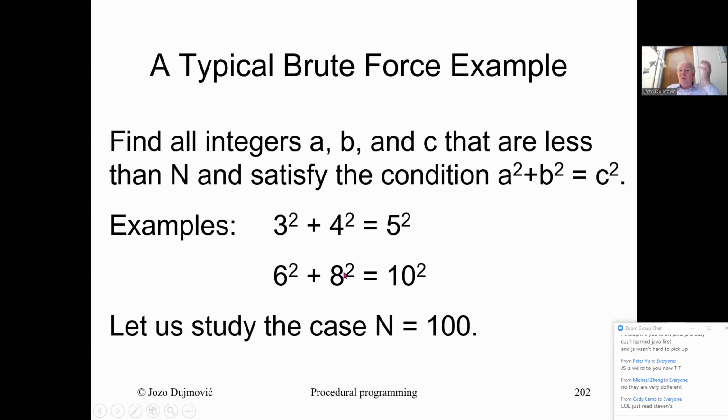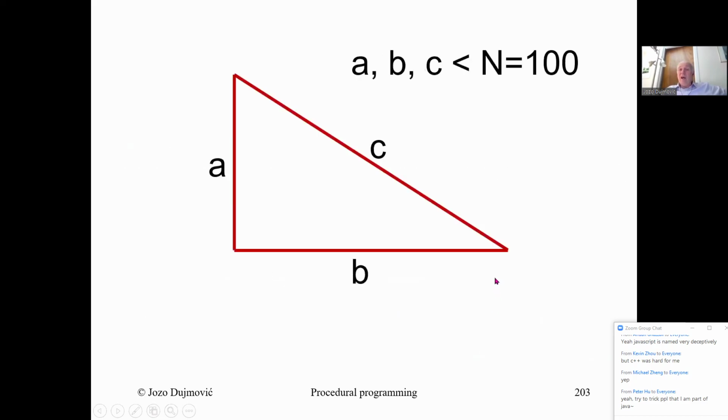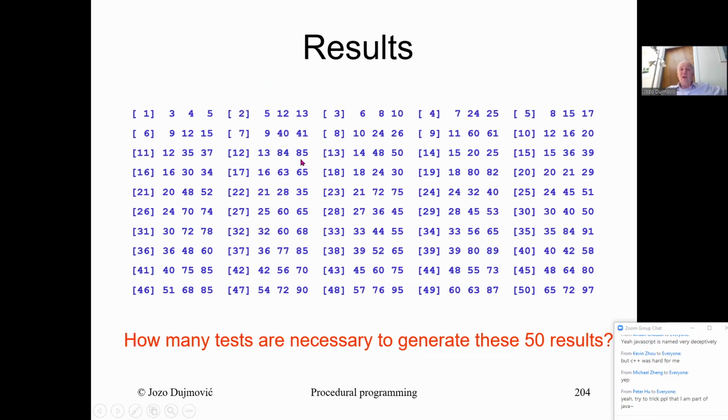Write a program that will find all these triples giving A squared plus B squared equals C squared, but A, B, and C have to be less than 100. Of course, you have an infinite number of such triples. Without any particular mathematical knowledge, I want to write, as a programmer, a program that will tell me what these triples are.